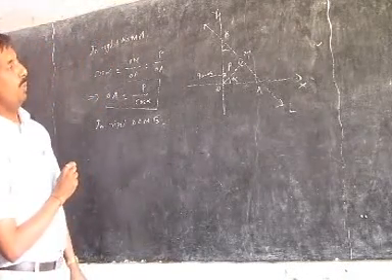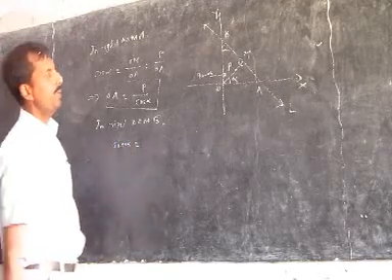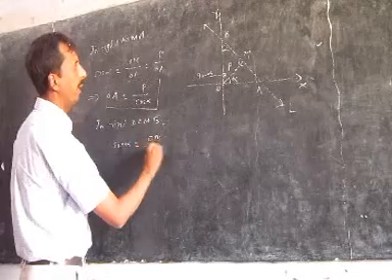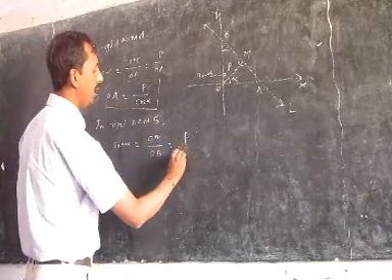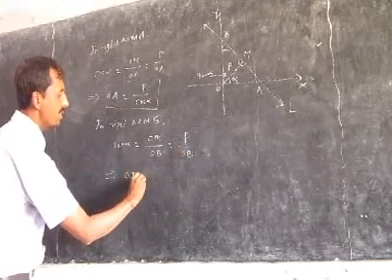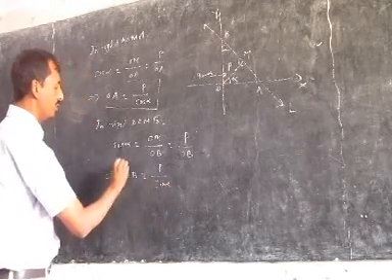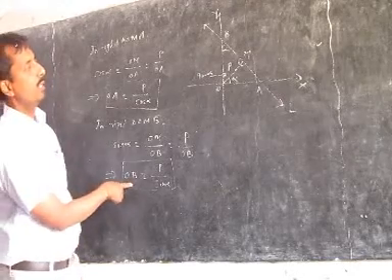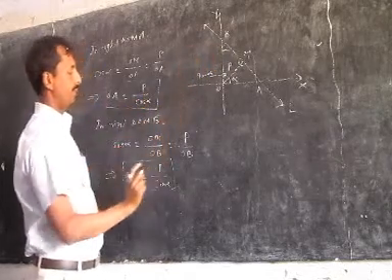In right triangle OMB, sin alpha is equal to P by H, so this is OM by OB. Here OM is equal to P. This implies OB is equal to P by sin alpha. So OB means the y-intercept of this line.